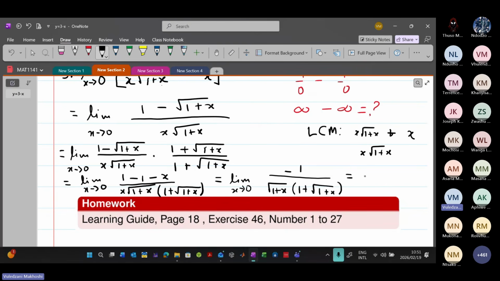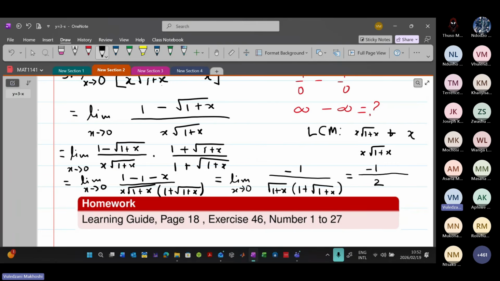And then now we can do the substitution. Then we end up with minus 1 over, if we put 0 here, you have square root of 1, which is 1. You put 0 here, you have square root of 1, which is 1. 1 plus 1 is 2.